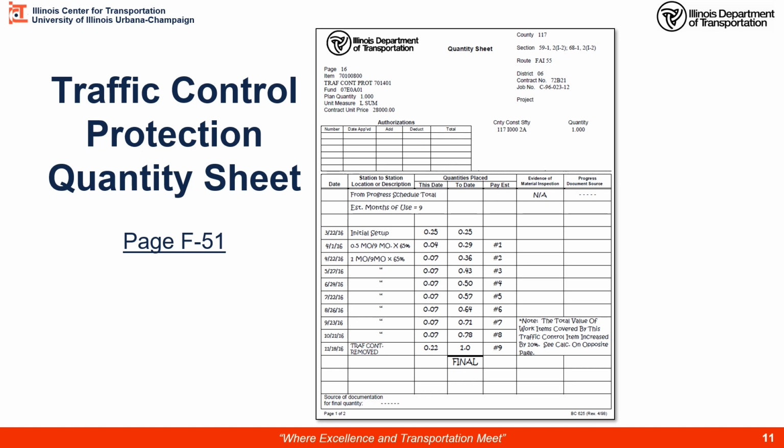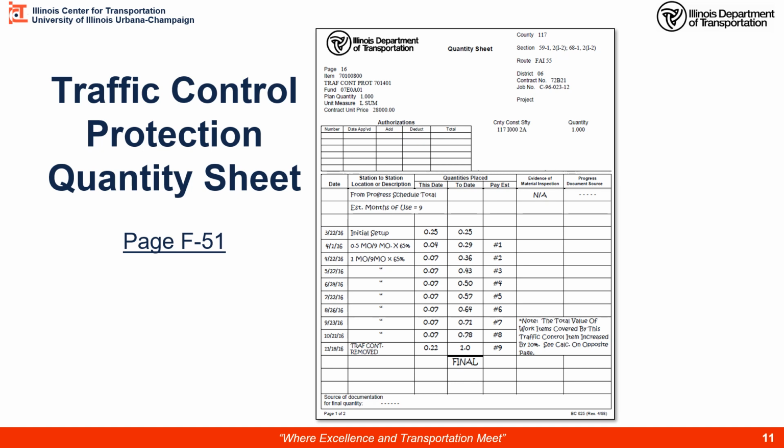The contractor made out a project schedule and determined that the standard for this lump sum item would be in place for 9 months. And if you recall the way we pay for traffic control protection, there's a setup fee of 25% that we'll pay up front once it's set up properly.